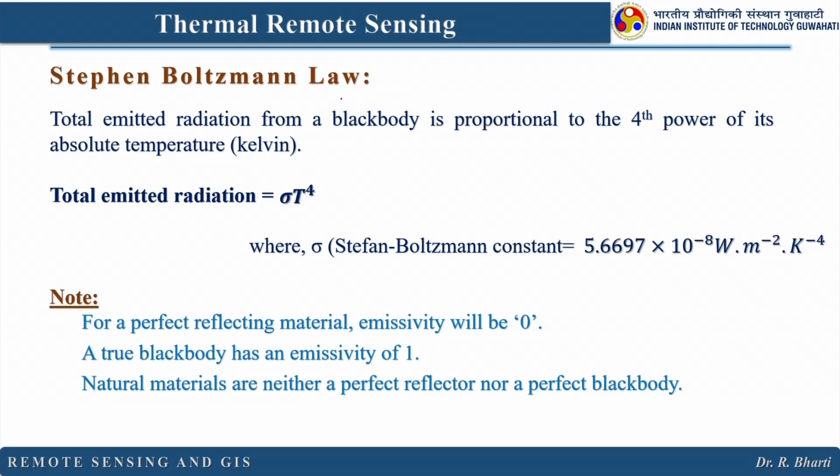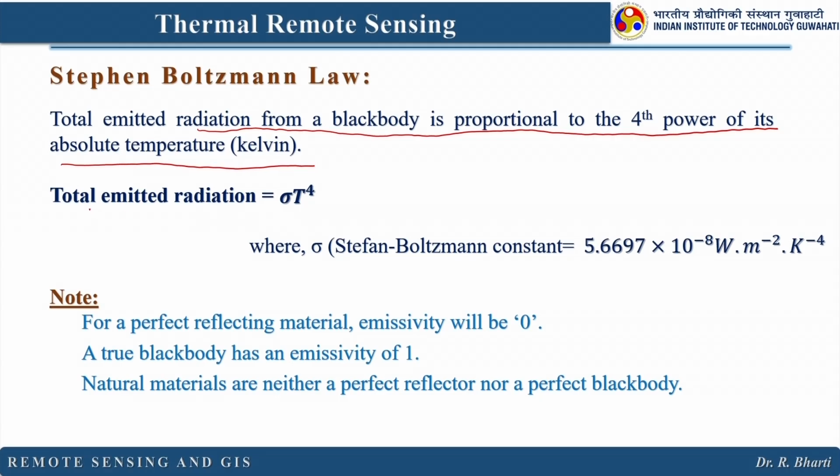So let us see some fundamentals of why we exactly get this particular temperature or the emitted energy, and what is the mechanism. So in detail, let us start with the Stefan-Boltzmann law. The total emitted radiation from a black body is proportional to the fourth power of its absolute temperature.